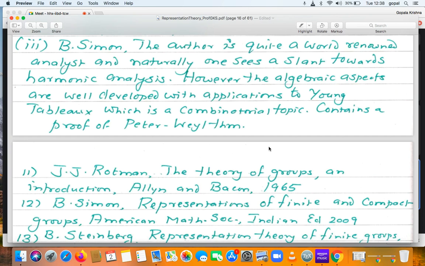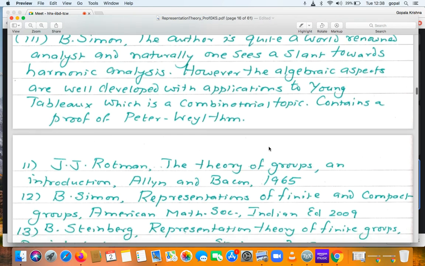In fact, in the later parts of the book, he does talk about the Peter-Weyl theorem and other things. But the great thing about Barry Simon's book is that the algebraic aspects are well developed. For example, there is a chapter on Young tableaux, which is a chapter in combinatorics, for instance.